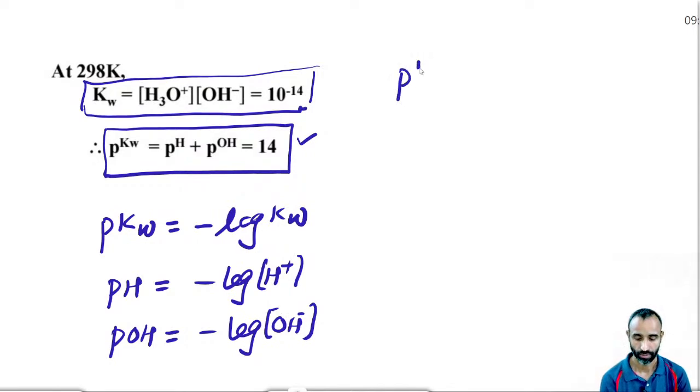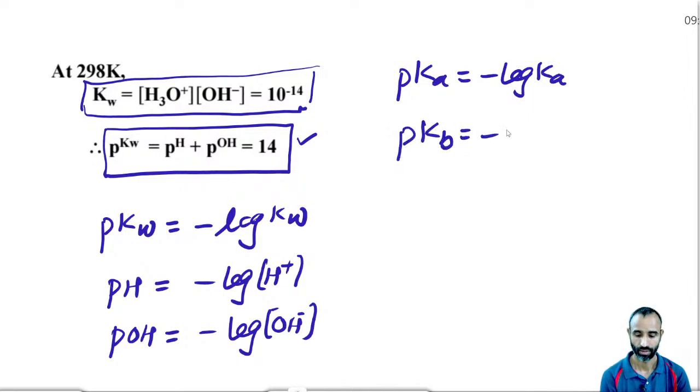That's it. pKa is minus log of Ka, pKb is minus log of Kb.